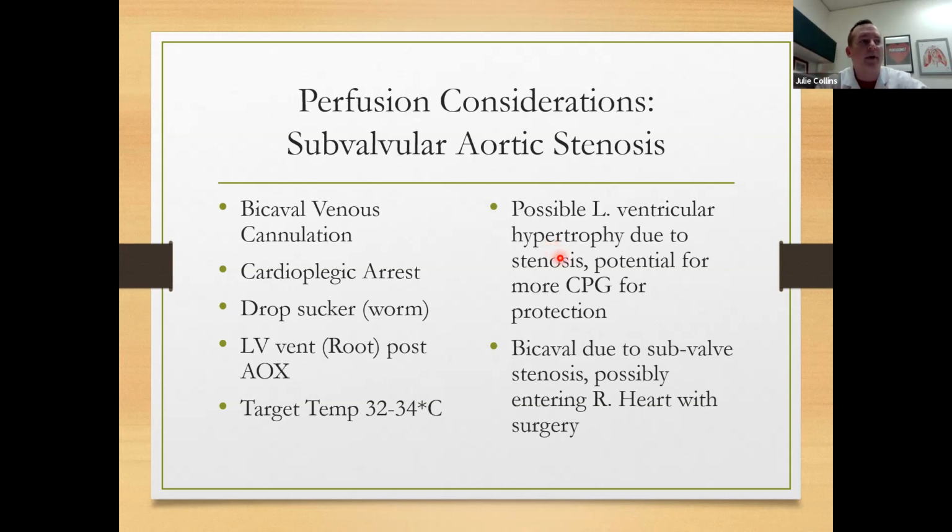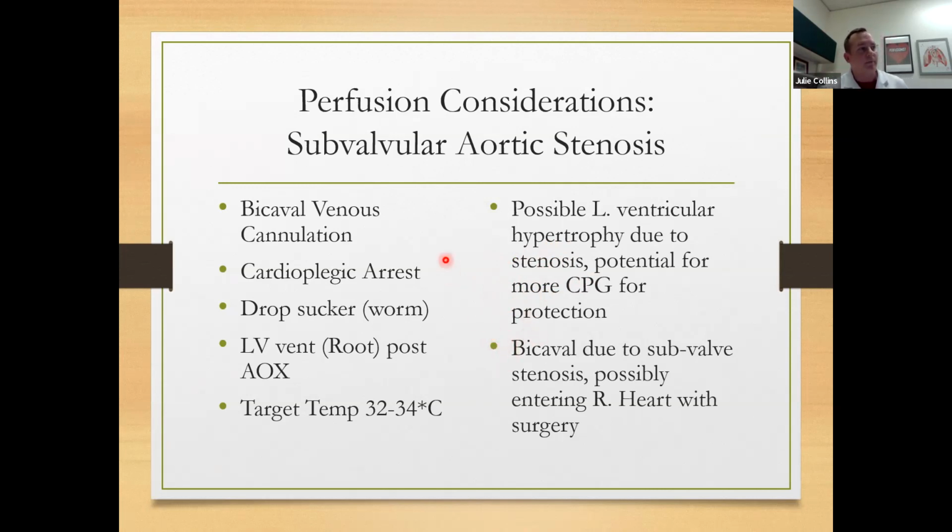So any heart that has been hypertrophied potentially may need more cardioplegia for protection, because it's a bigger muscle. It's a muscle that potentially may not get perfused very well with your normal loading dose. So you may find that you have to give more cardioplegia on these cases.